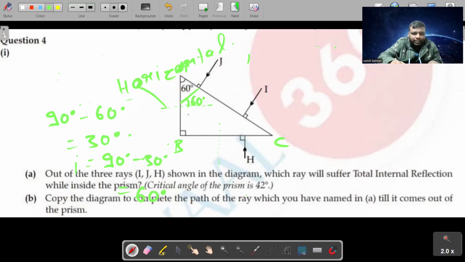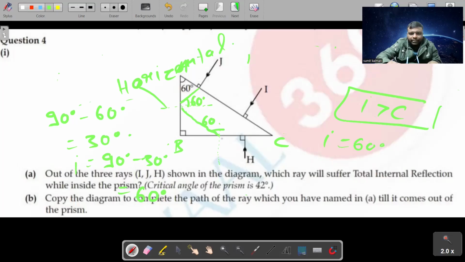So the angle of incidence for the reflected ray on the face BC will come out to be 60 degree. So students, here this i is 60 degree and it is greater than critical angle. So this light ray will suffer total internal reflection.